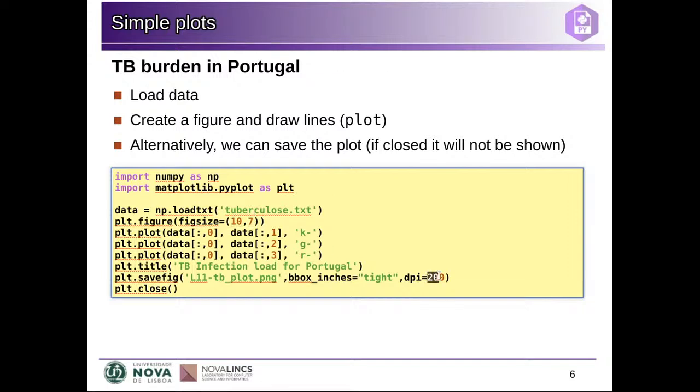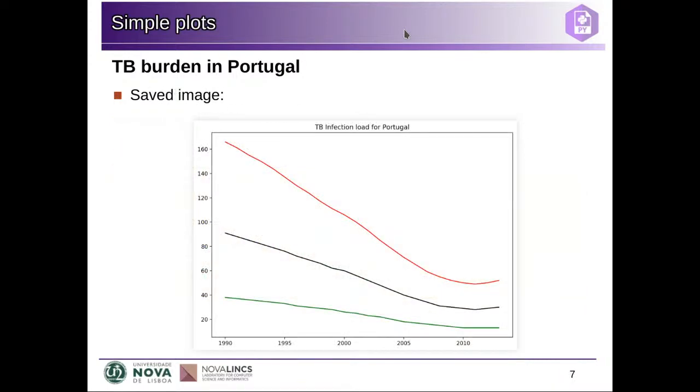So you see, since you have 10 inches in width with 200 pixels per inch, you have 2000 pixels, and 1400 pixels in height in this case. So this allows you to control the aspect ratio of the image and the resolution of the image so that you can fine tune it, for example, for reports, for documentation, and so forth. And this is the example, in this case, the image saved that I'm showing here.